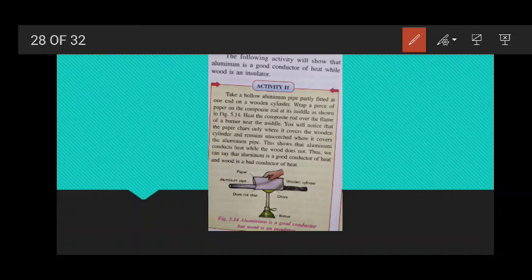When you provide the heat, what will happen? You will find that the aluminium conducts heat while the wood does not conduct heat. Clear? This is because aluminium is a good conductor and wood is a bad conductor. Clear? So this much is for this video, and the next topic I'll discuss in the next class.